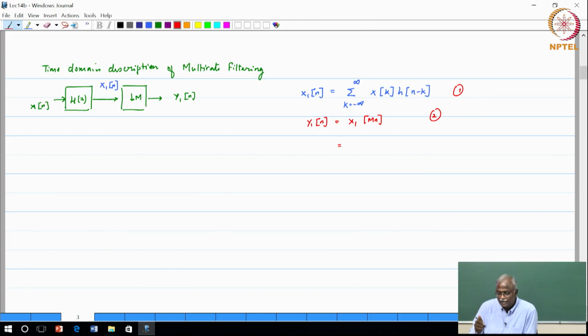It is an operation that is similar to convolution, but it is different in terms of the indexing. So, this would be k equal to minus infinity to infinity, x of k h of Mn minus k. This would be y1 of n.